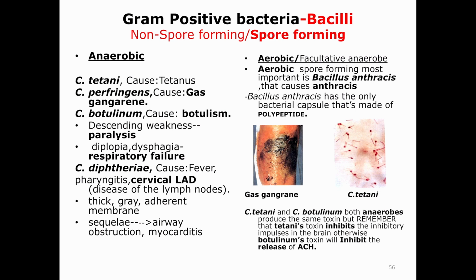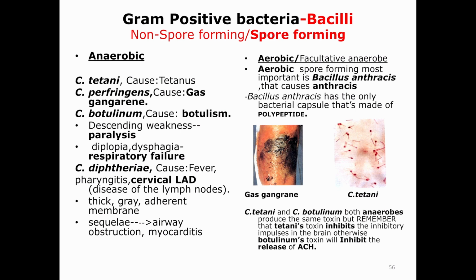Now, moving to the aerobic facultative gram-positive bacilli. These are the spore-forming bacteria, and the most important is Bacillus anthracis, which causes anthrax. Bacillus anthracis has the only bacterial capsule that's made of polypeptide.